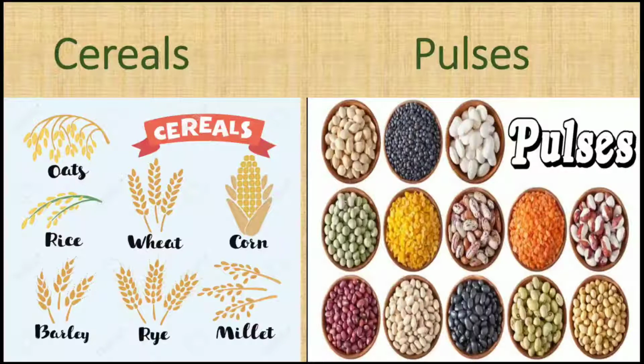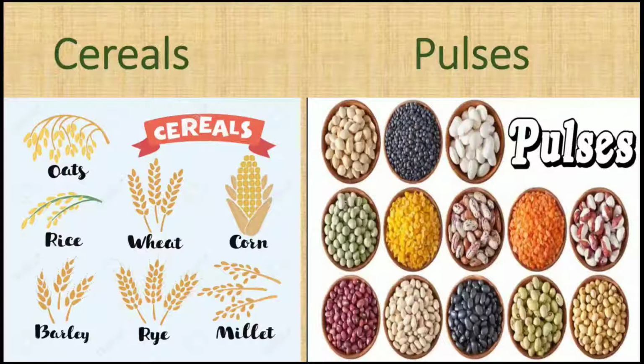Now, let us see what more you get from plants. Yes, plants give us different types of food grains. Look at the picture. We get cereals and pulses. What are cereals? Cereals are oats, rice, wheat, corn, etc. And what are pulses?